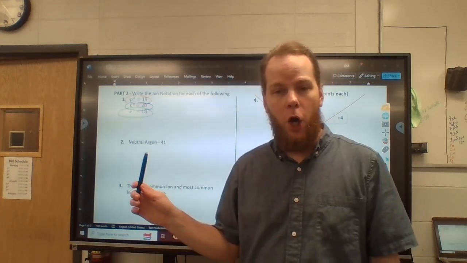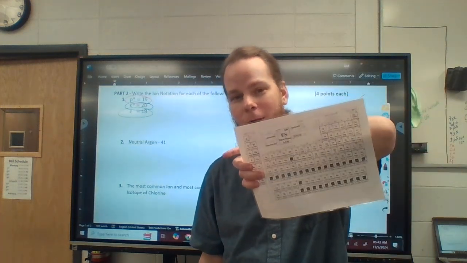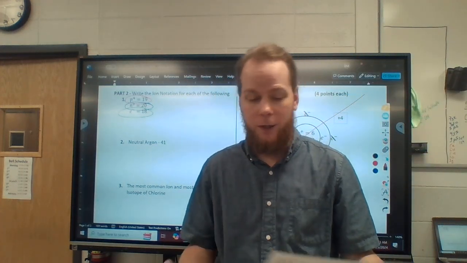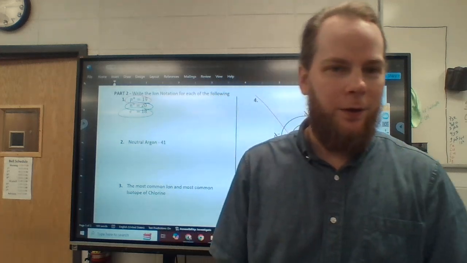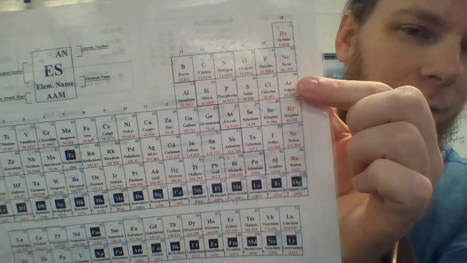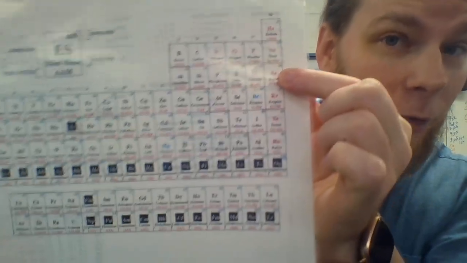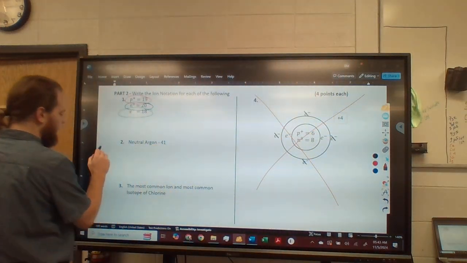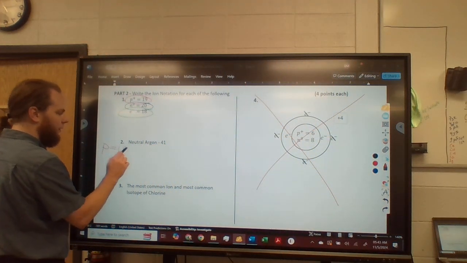It's the name argon, because you can go onto your periodic table, find argon, and see that it is element 18. The blue number in the top corner is 18. That means that the number of protons in argon has to be 18. So we know for this one that P is 18.